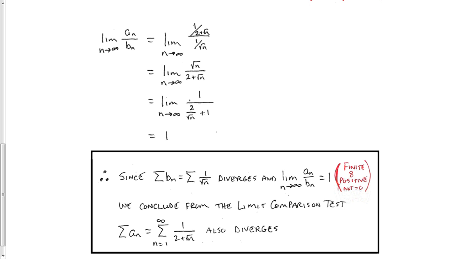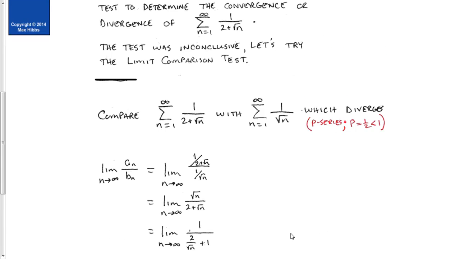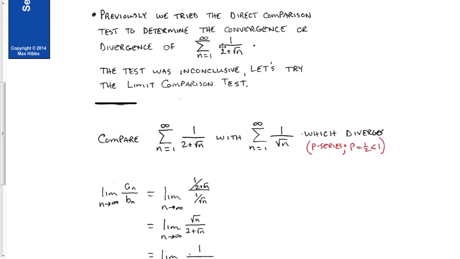And since we already know one diverges, what we were comparing to, then our original series must also diverge. And so now we know for certain that the series for which we could not determine convergence or divergence previously with the direct comparison test, the limit comparison test lets us determine that it does in fact diverge.